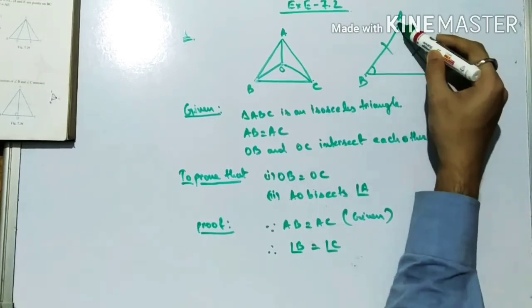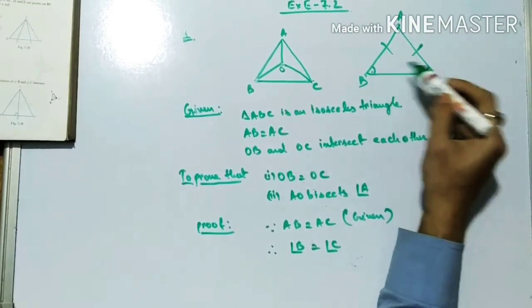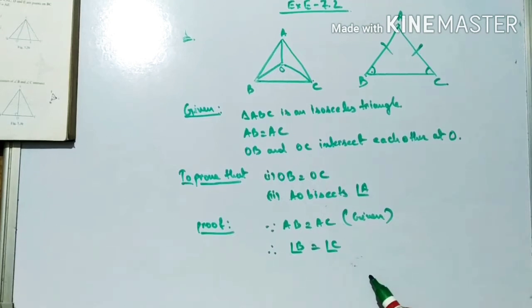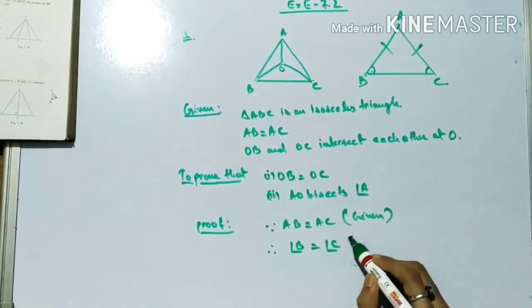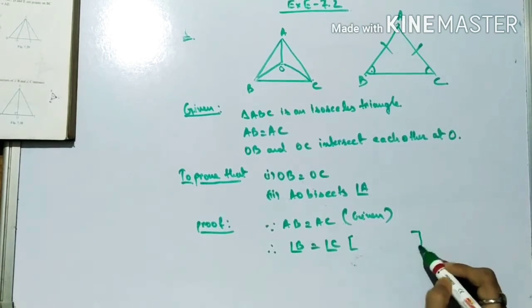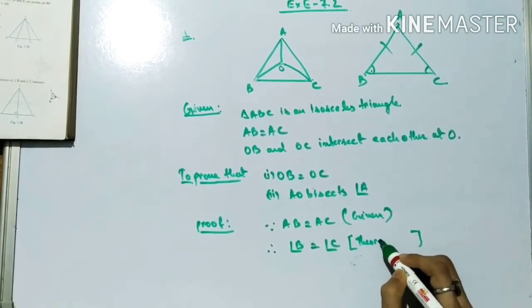That means AB equals AC, then angle B is equal to angle C. What reason will I give? This is given in your theorem 7.2.